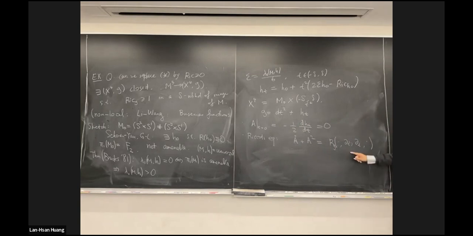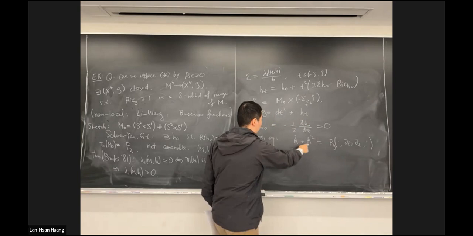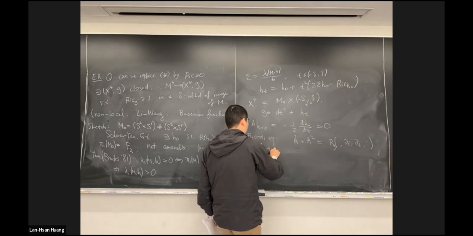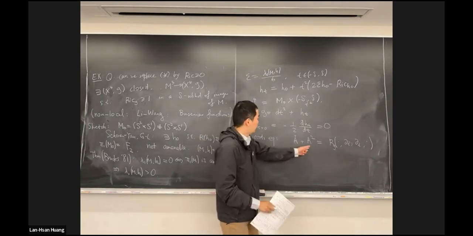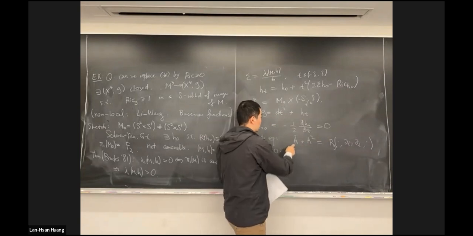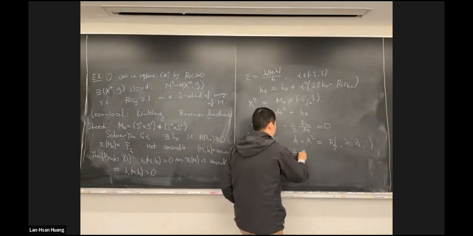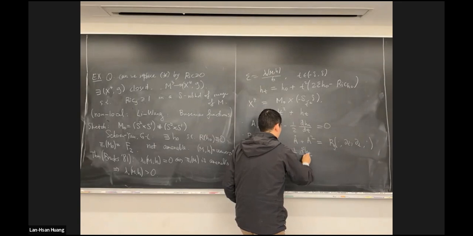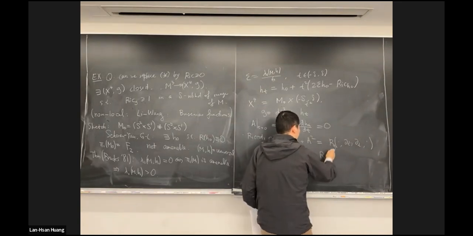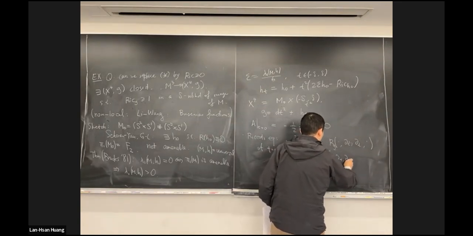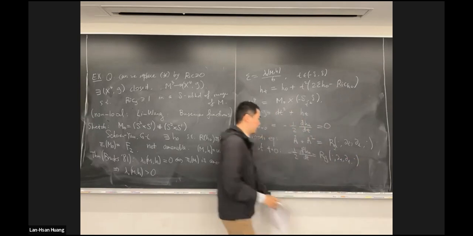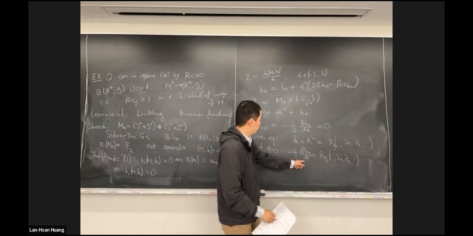So let's see what it says given this particular choice. So A at 0, so at t equal to 0, we see that A is 0. So the second order derivative, minus 1/2 of the t squared ht dt, equals the Riemann tensor of g in the dt direction. But what is that?